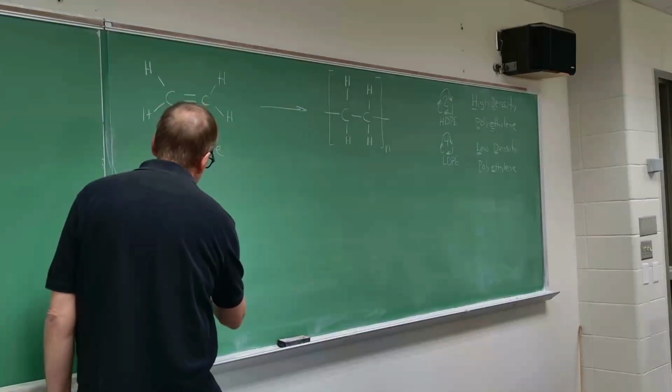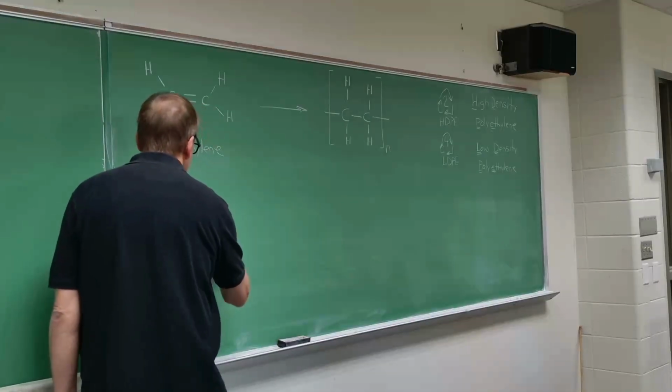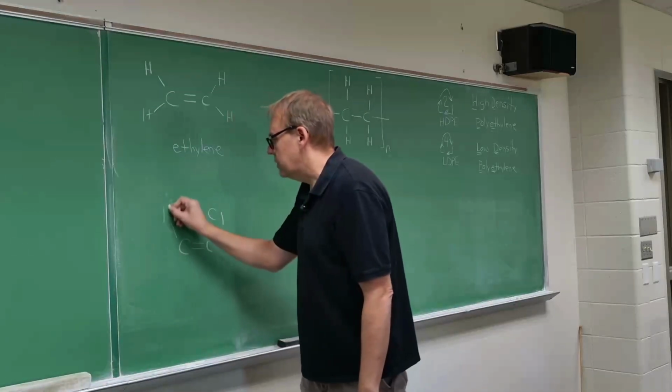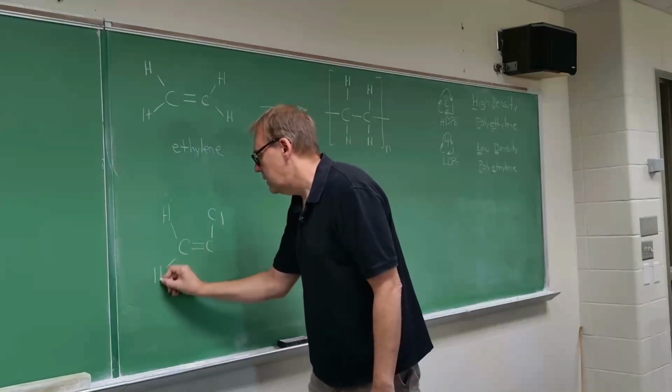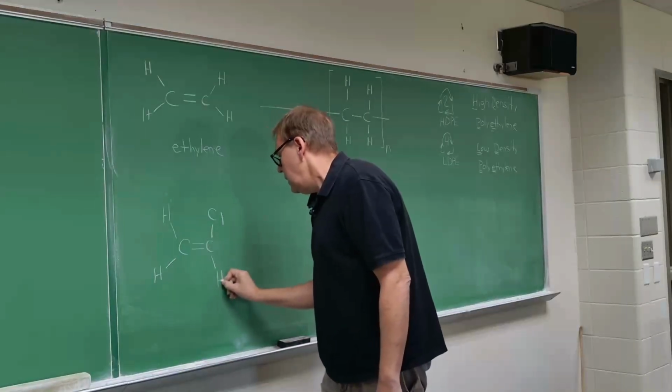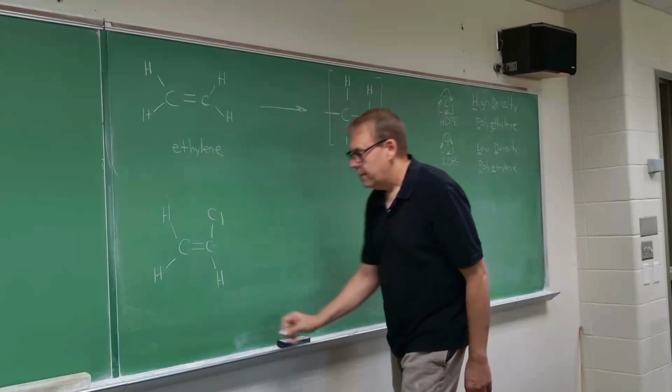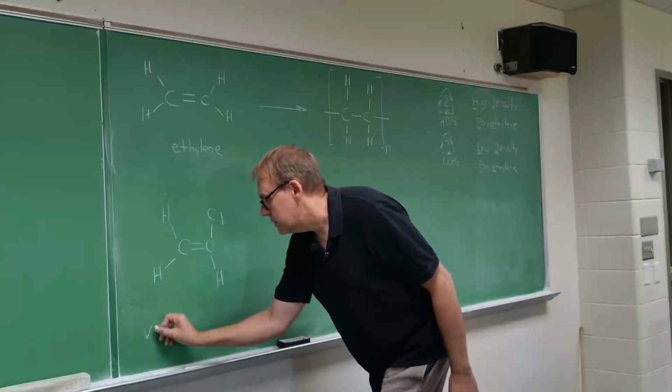Here's another one that's on the chart of recyclable polymers. It's got a double bond with a chlorine on it. This is vinyl chloride, the name of this molecule.